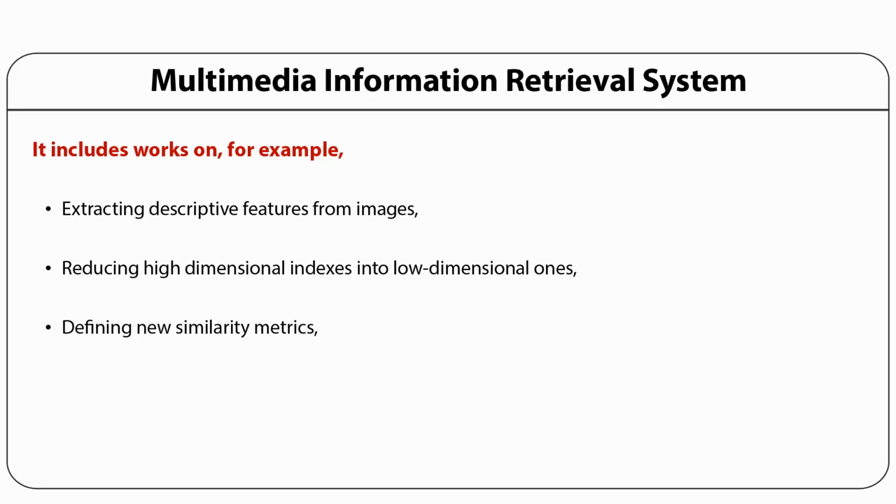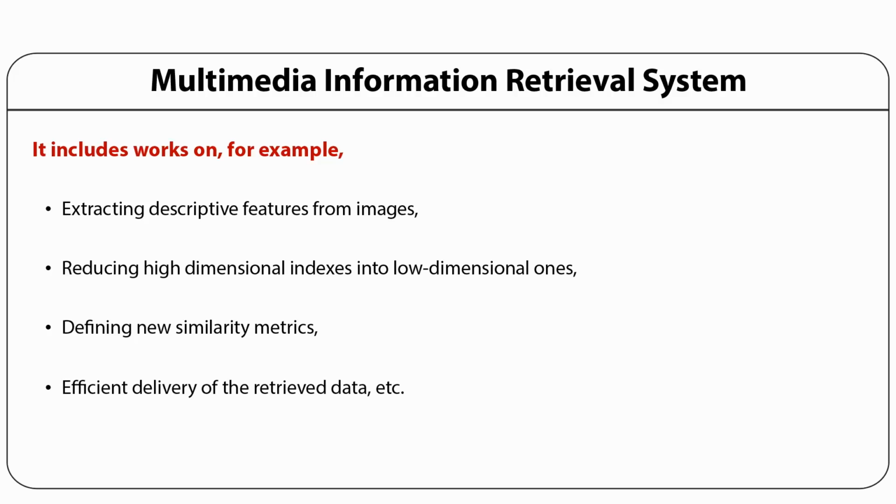Next is defining new similarity metrics. Similarity metrics are metrics that are developed to measure the similarities between two images, between two videos, between two texts, etc. Then next is efficient delivery of the retrieved data.